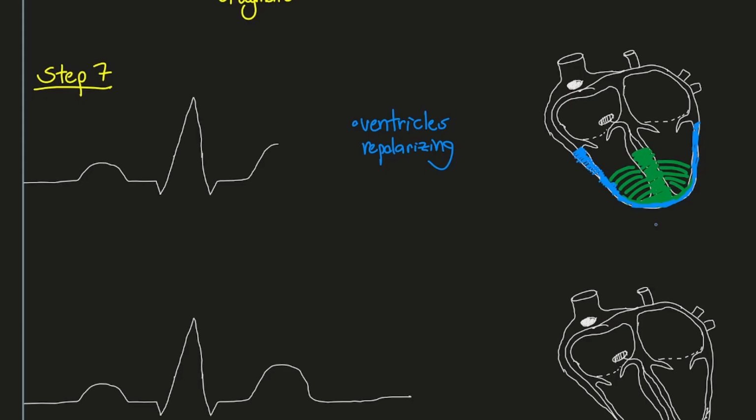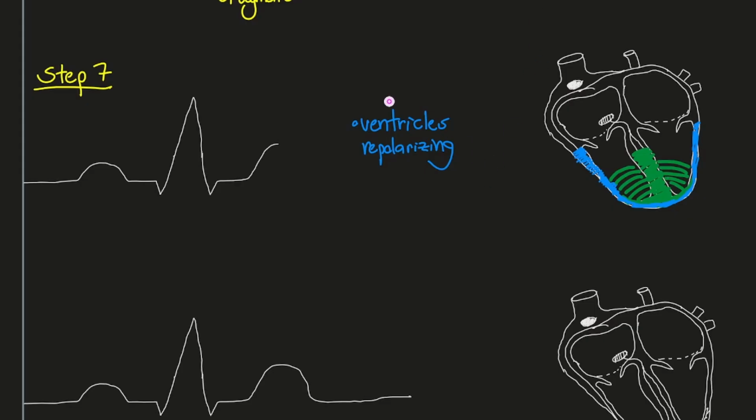What this is showing us is that our heart, or more specifically our ventricles right now, are coming back down to its resting membrane potential. So this depolarization green is now decreasing in charge. It's going more negative, closer back to its resting. And that's the main part of step 7.